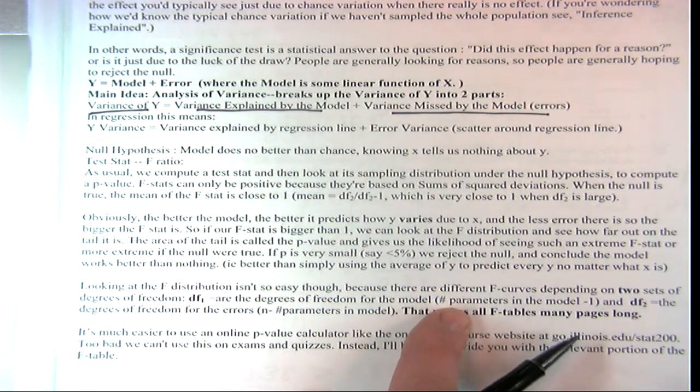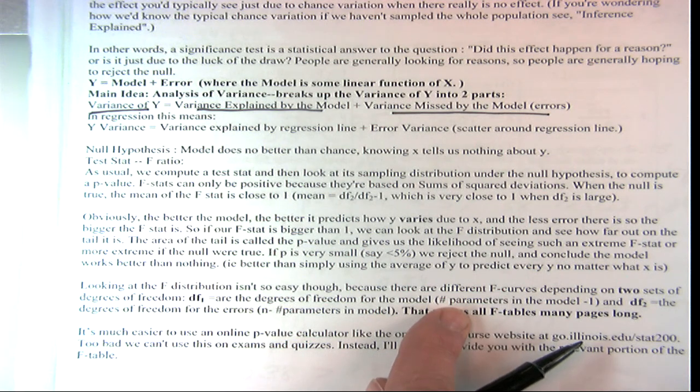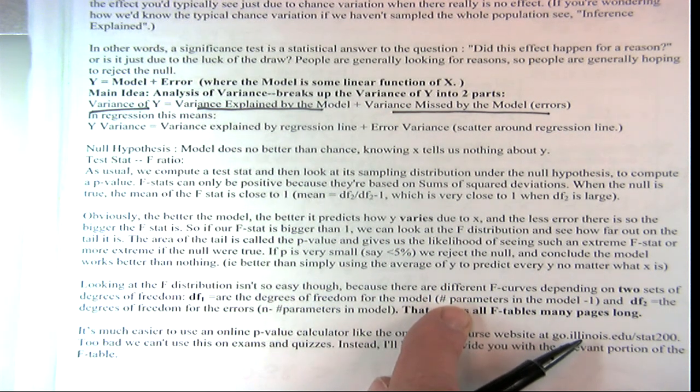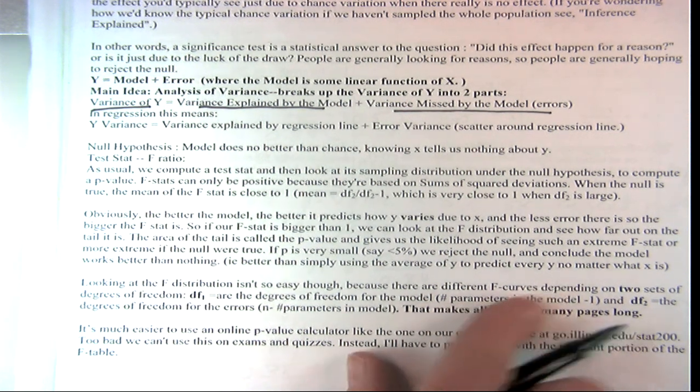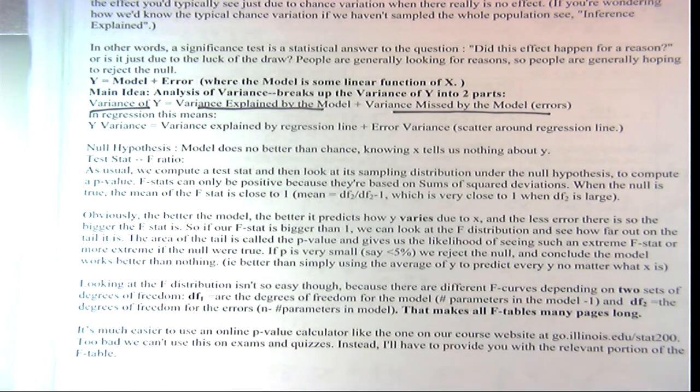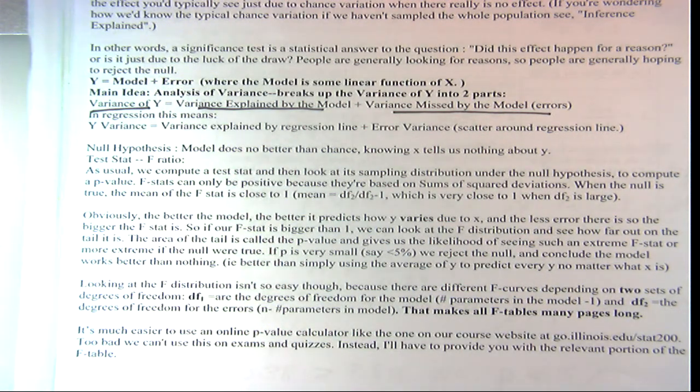It's the number of parameters in the model, including the intercept. So far we've only had 1 predictor variable and an intercept, so the number of parameters is 2, and it's always the number of parameters minus 1. Basically, it's the number of your predictor variables, minus the intercept.